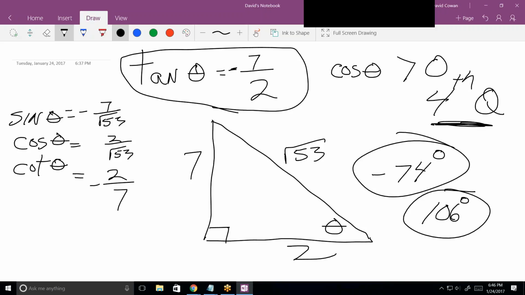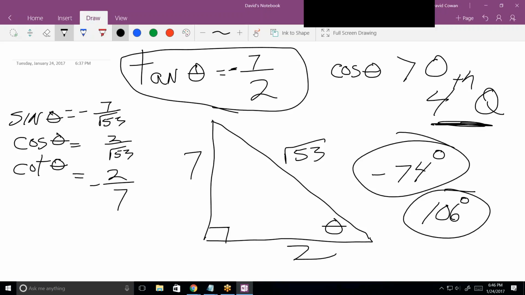If you do the inverse cosine of a positive number, it gives you the first quadrant. If you do the inverse cosine of a negative number, it gives you the second quadrant angle. Always. Okay. So it doesn't give you all of the angles in the unit circle where the statement is true.